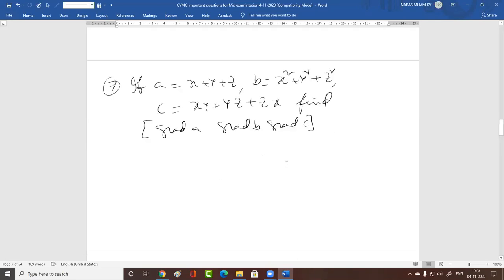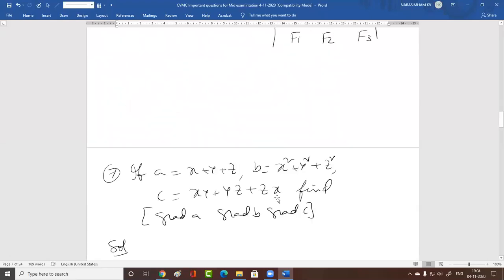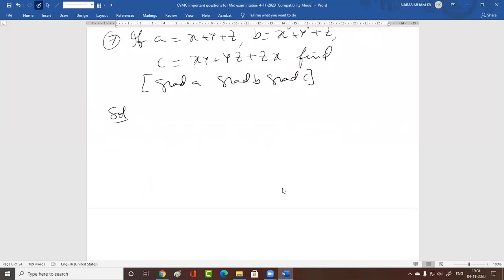Okay, now solution. First we will find the gradient of A. Grad A equals del A equals i dou A by dou x plus j dou A by dou y plus k dou A by dou z.